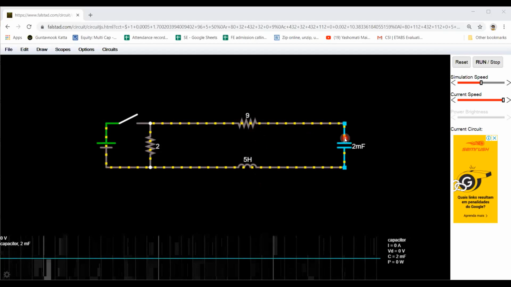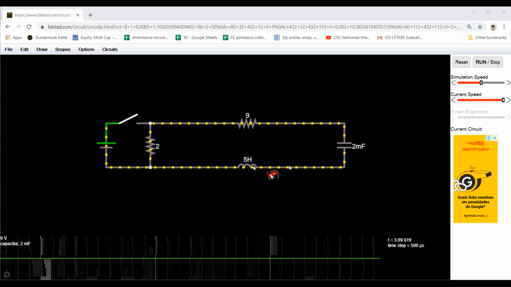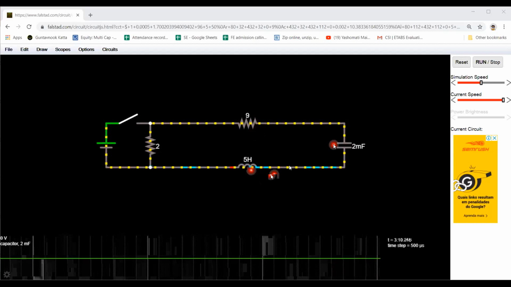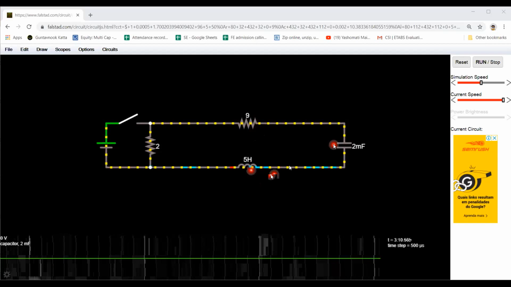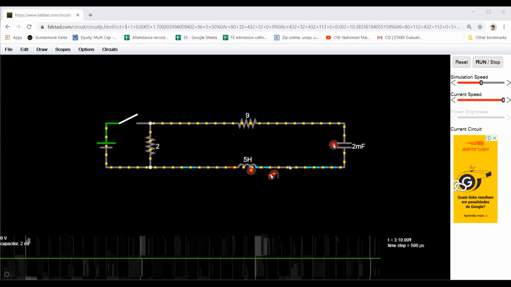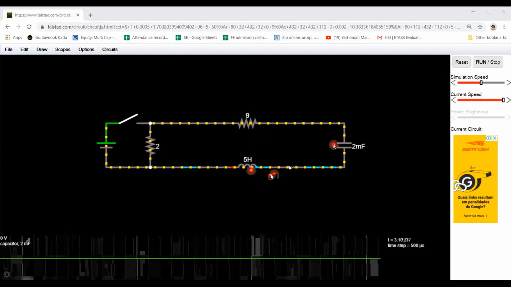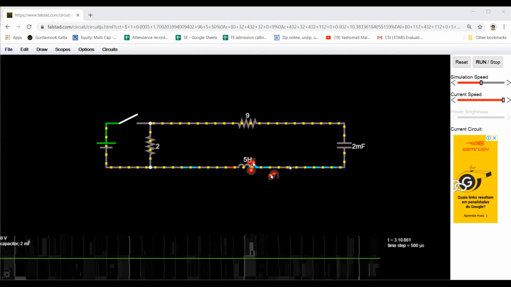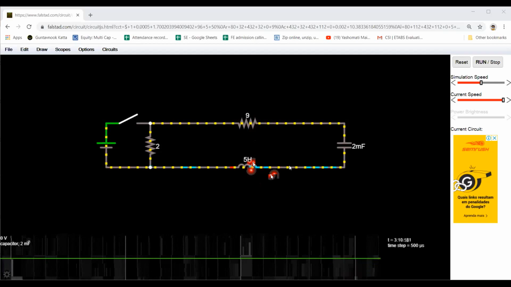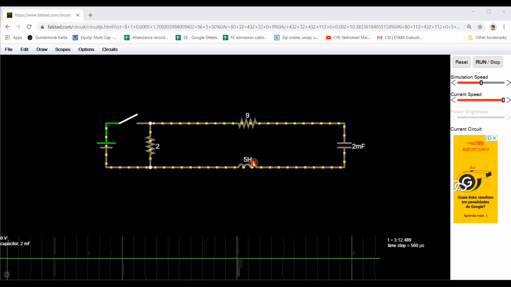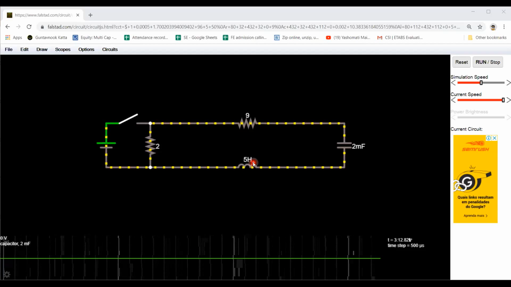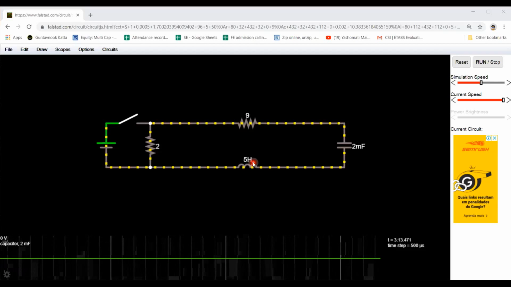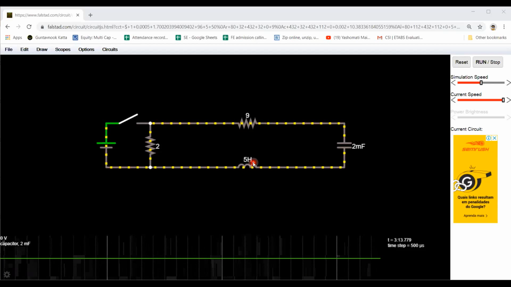So what is the value of 1/LC? L is 5 Henry and C is 2 millifarad, so 1 upon 5 into 2 into 10 raised to minus 3 comes out as 100. Whereas (R/2L) whole squared, that is (9 upon 2 into 5) whole squared, comes out as 0.81. So 0.81 is far less than 100. That means the system will behave as an underdamped system.